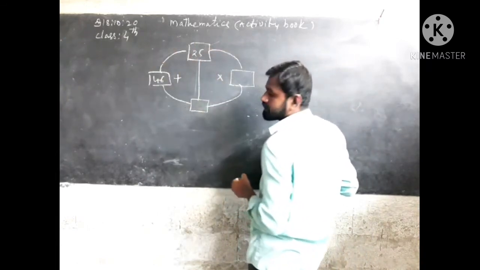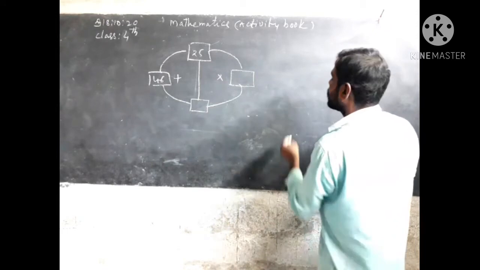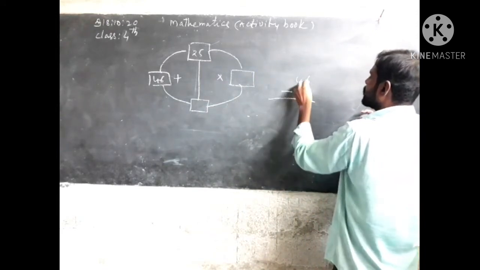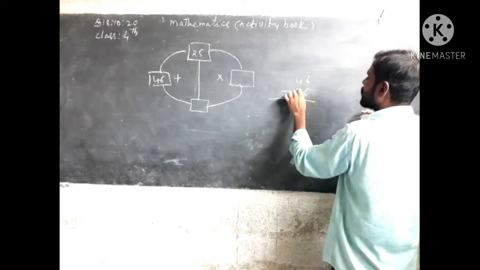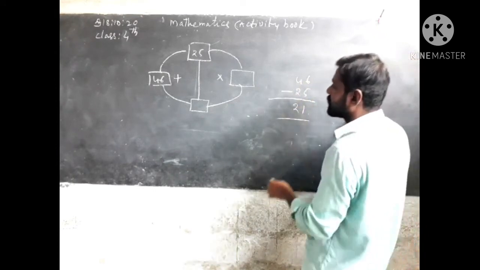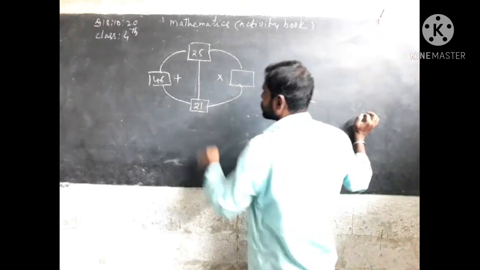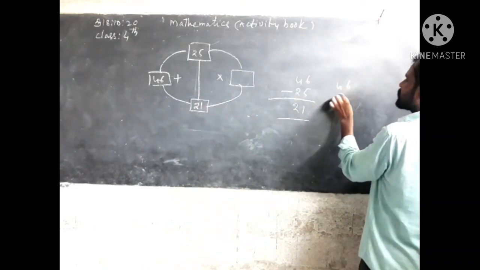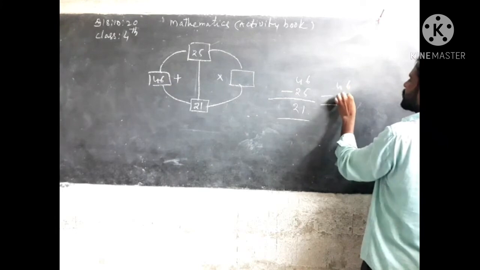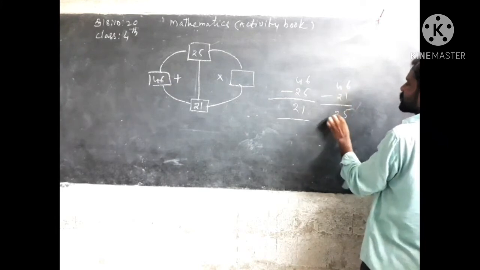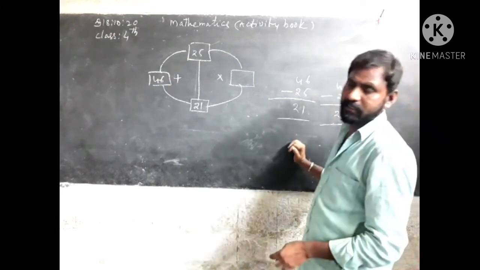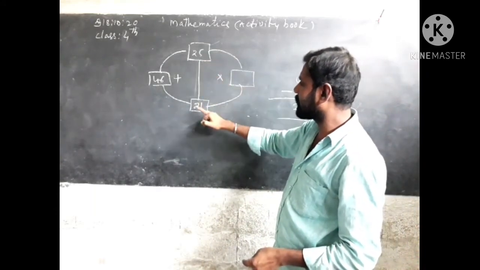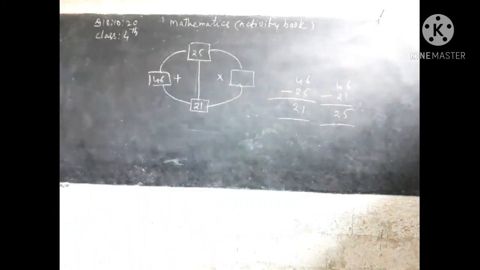Then 6 minus 5, 1. 4 minus 2, 2. You can get 21 here. Now check it. Again 46 minus 21. 6 minus 1, 5. 4 minus 2, 2. So your assumption is correct. So here 21. Again 25 is multiplied with 21.